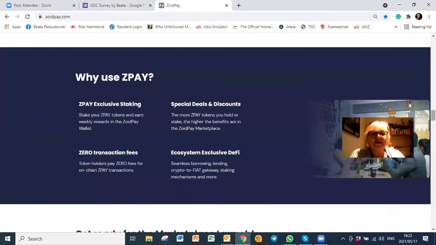ZoidPay exclusive staking, which is the first application that I was talking to you about. It's being explained most probably with one word that really popped into my brain. Stake your ZoidPay tokens and earn weekly rewards in the ZoidPay wallet, which means, in my understanding, that every week we will be paid interest.